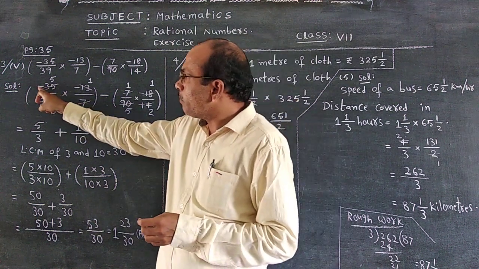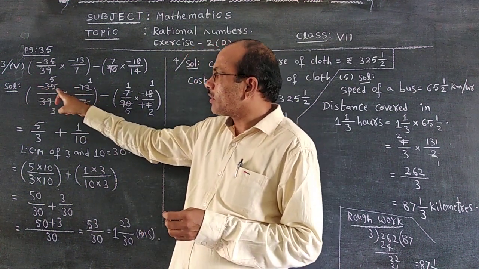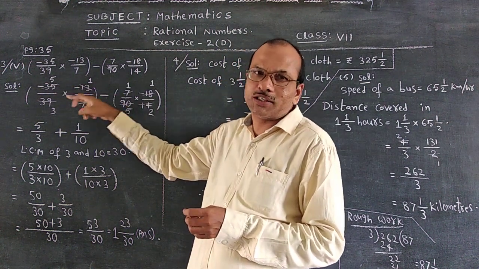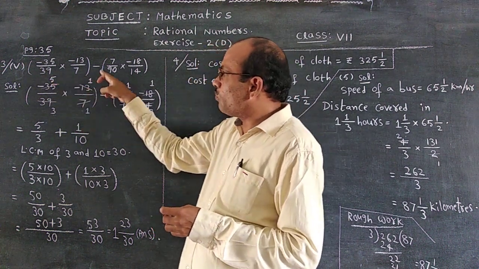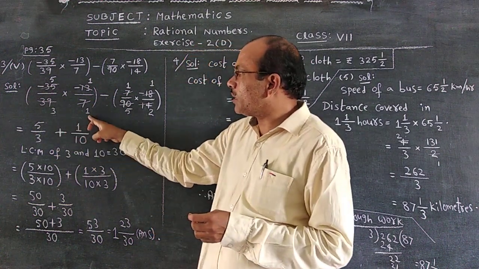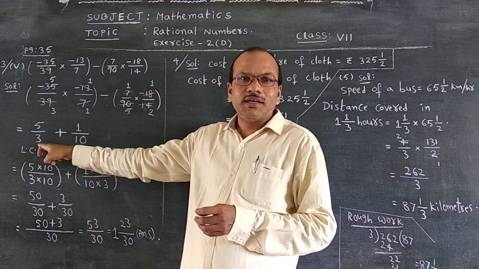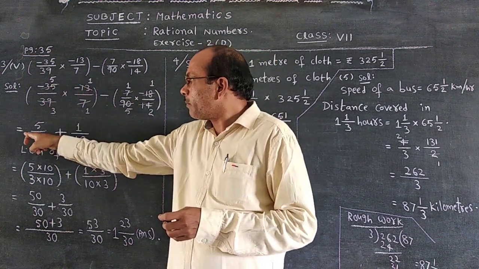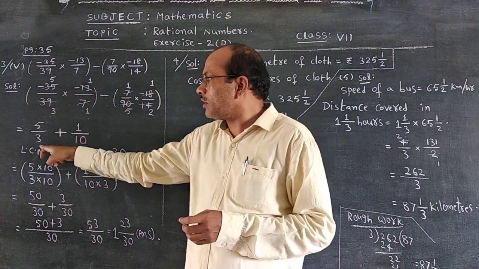See here, minus into minus, minus into minus. Minus into minus is a plus symbol. 5 into 1 gives you 5 by 3 into 1 gives you 3. Is it clear, students? 5 ones 5 by 3 ones 3.